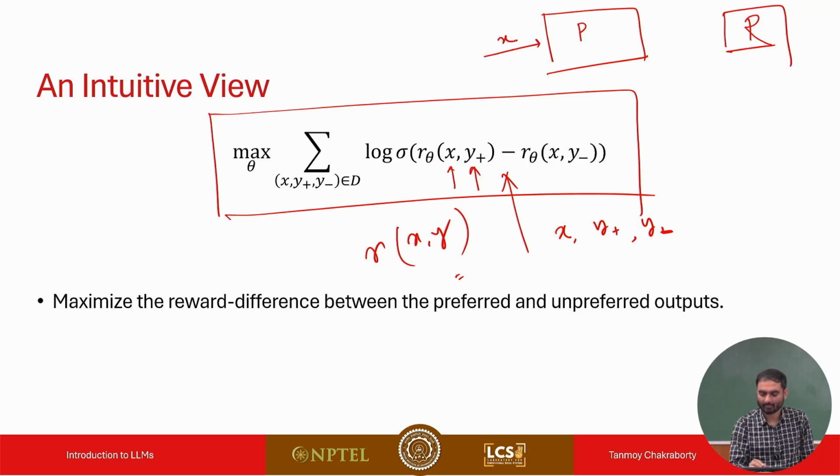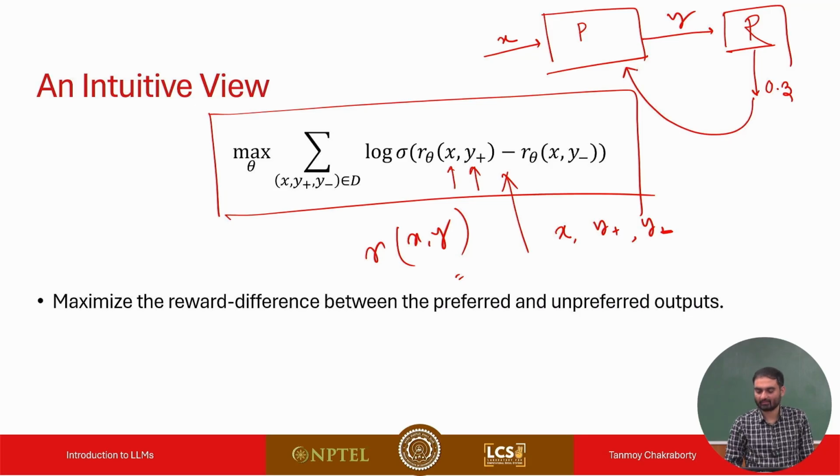Given an input x, the model produces an output y. The reward model says that look, it is not a good output, 0.3 or 0.4. This will be fed to the policy model, and the policy model will get updated. The policy model again is an LLM, right? If you remember, we wrote pi theta, so all these theta parameters get updated.